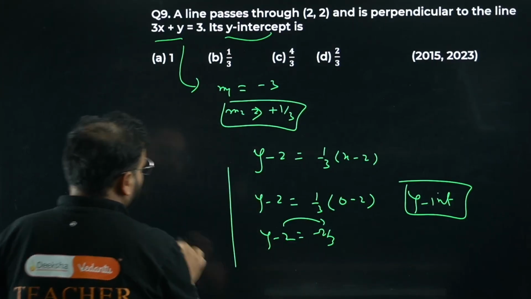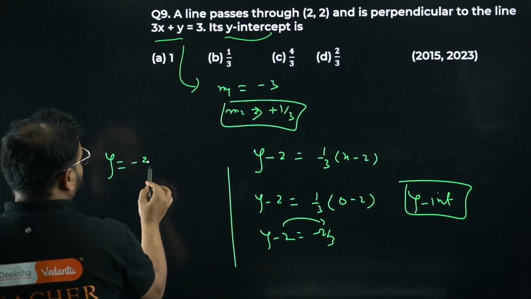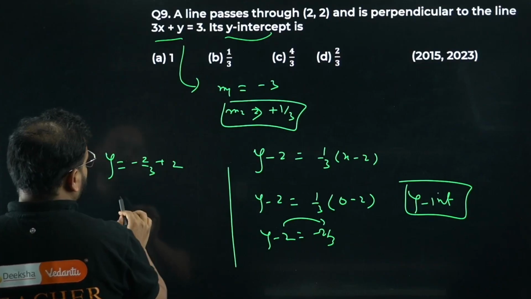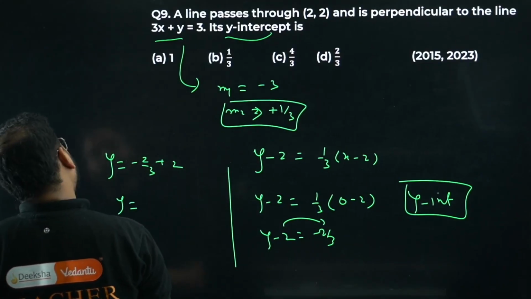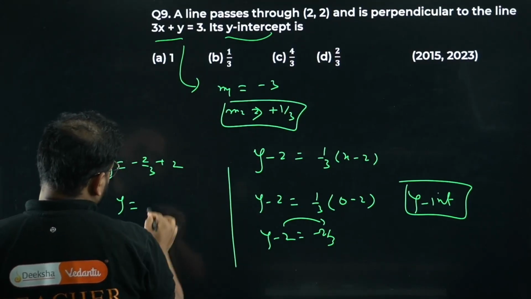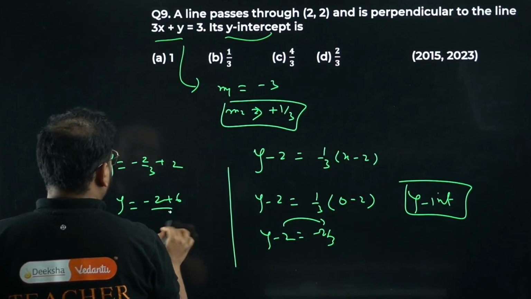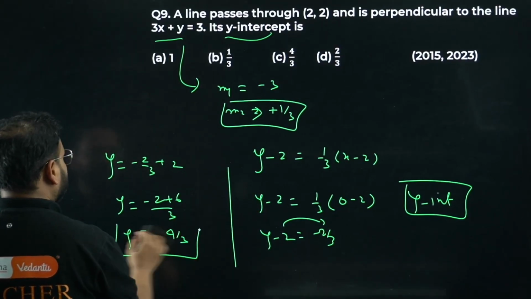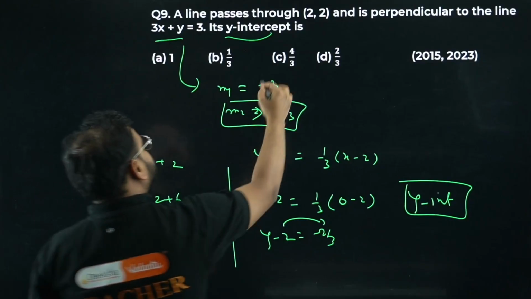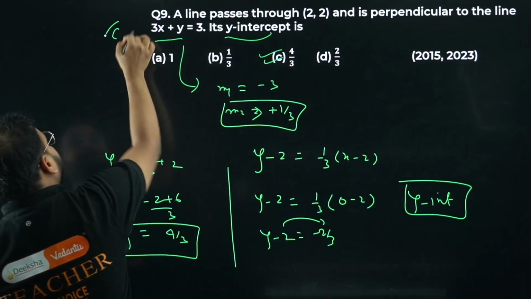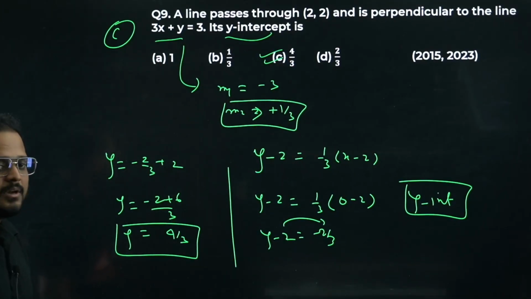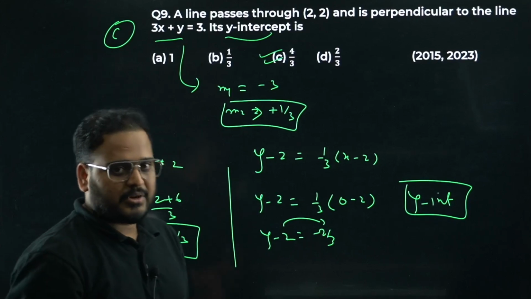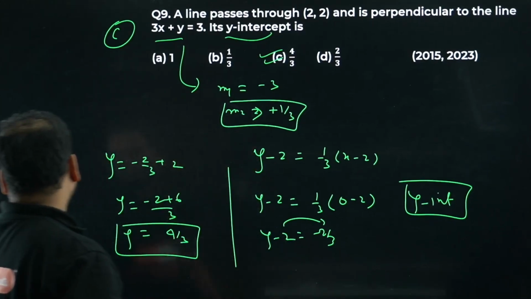So I get y equals minus 2 by 3 plus 2. Y equals minus 2 plus 6 by 3. How much is that? 4 by 3 is the value of y. Option C is correct. Please cross check, and if I am getting an answer wrong, let me know, okay? 9th is C. Question number 10 now. All right.